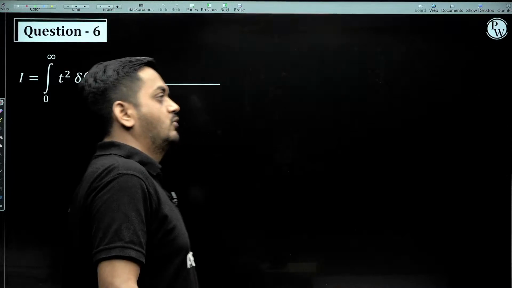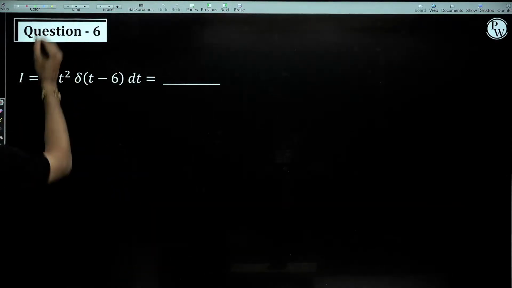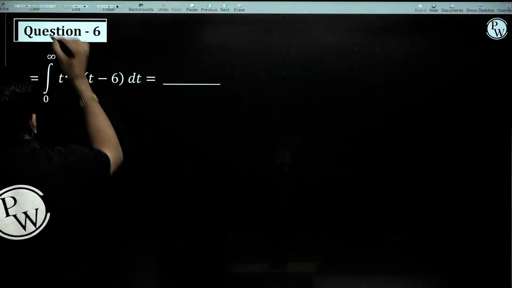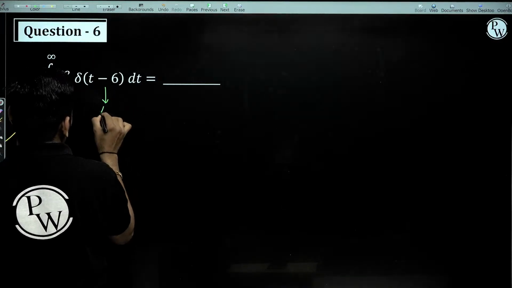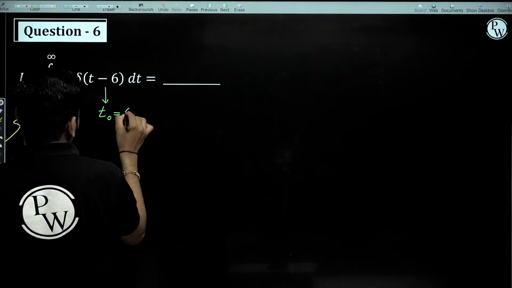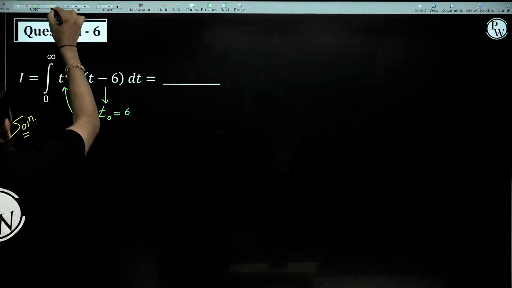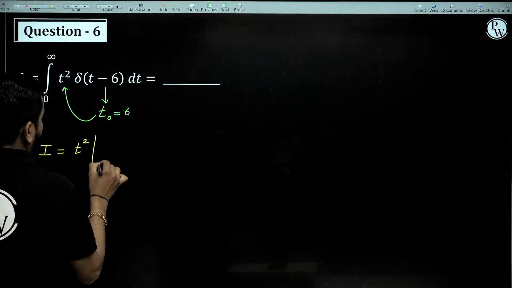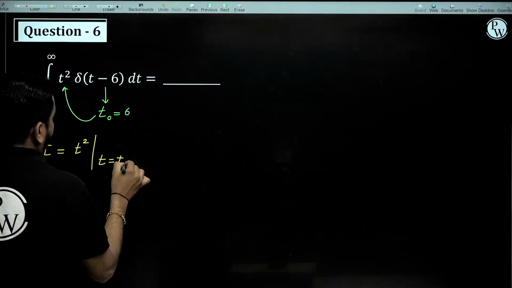Okay, so how to solve this question, guys? So again, see here, t naught, if you compare with the standard format, t naught is equal to 6. Put this t naught here, so the integral value will be: x of t is t square and you have to replace this t with t naught, which is equal to 6.